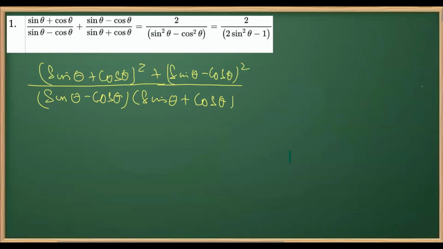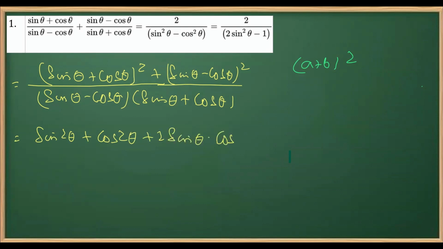Now, after that, I'm going to use the expansion of a plus b whole square or a minus b whole square. Let's see, for the first part, this is a plus b whole square. That's a square plus b square plus 2 into a into b.